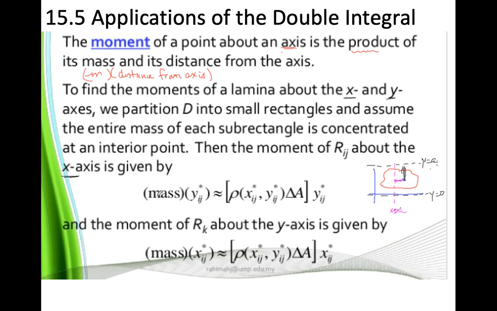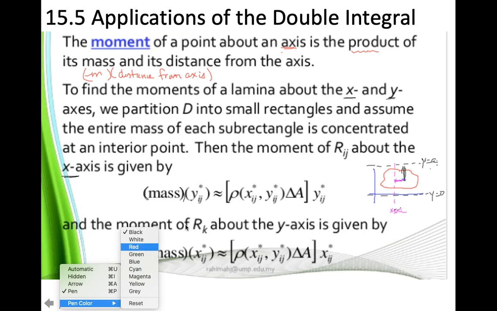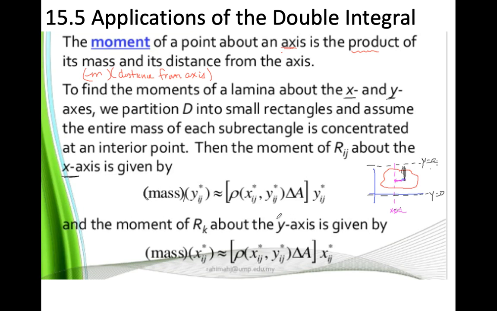So around the x-axis, we say it is a product of the mass, and then look at what we said the mass is, right? Forget all these stars and these little subscripts. Don't let that throw you. Just think about the mass, but the mass is this density times area, right?